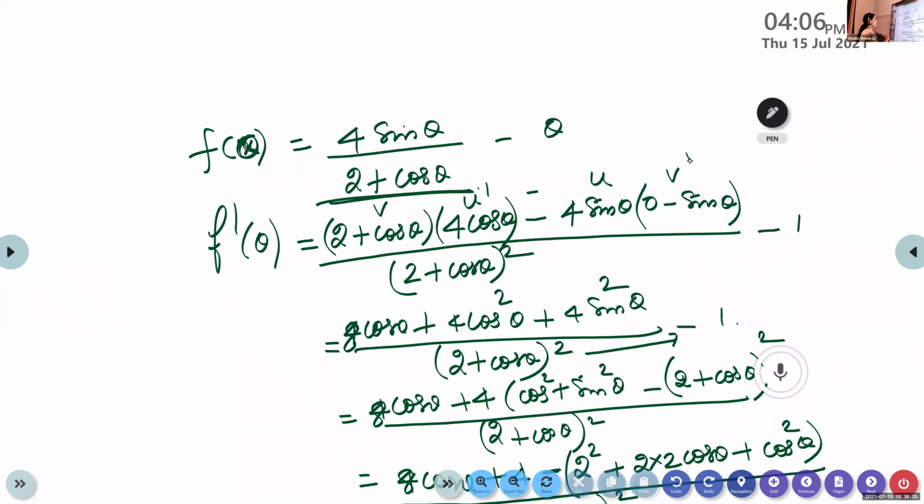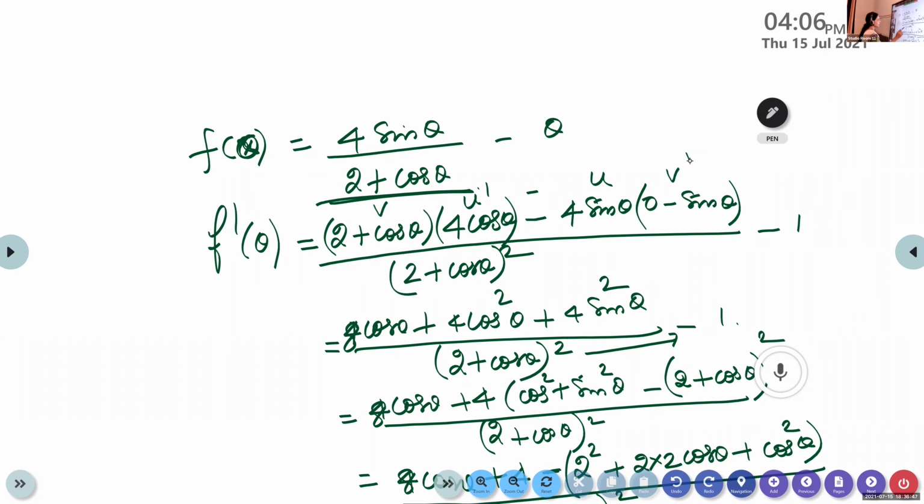So 2 plus cos theta into the derivative of 4 sin theta, which is 4 cos theta, minus 4 into sin theta, into the derivative of 2 plus cos theta, which is 0 minus sin theta, by 2 plus cos theta the whole square, minus 1.